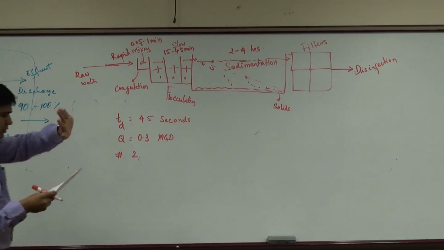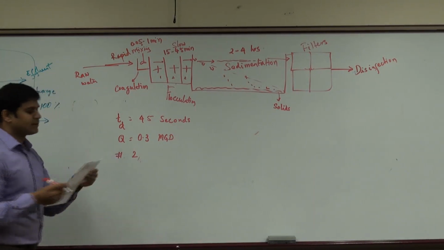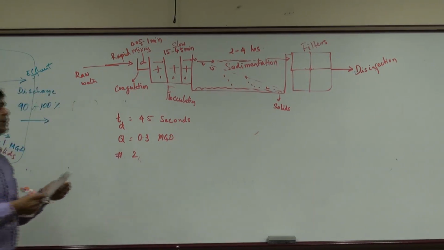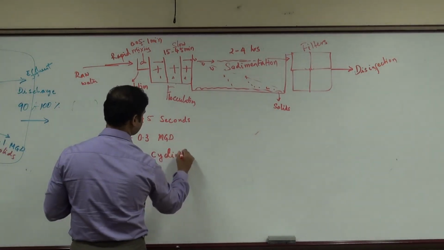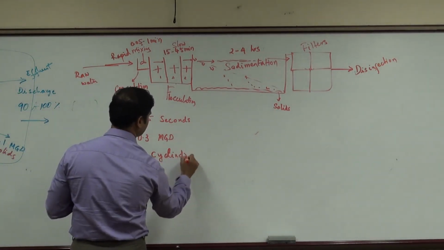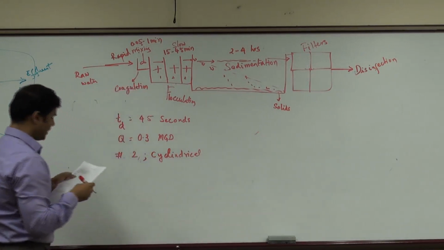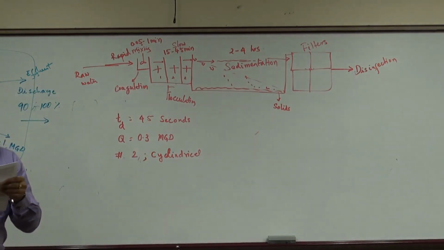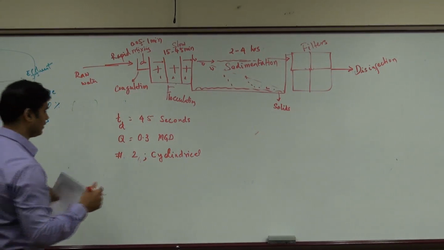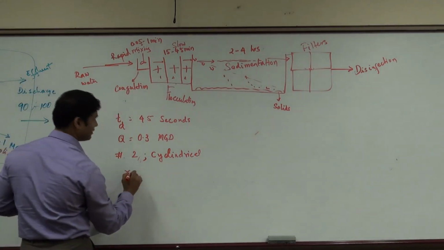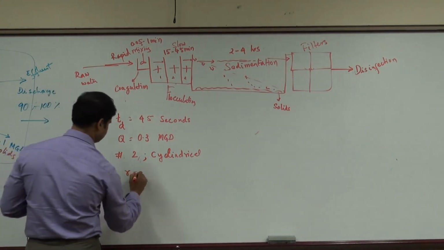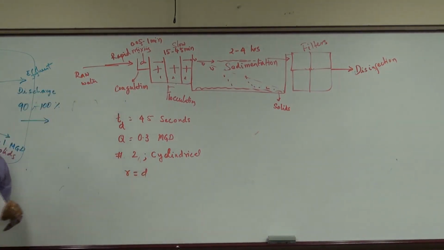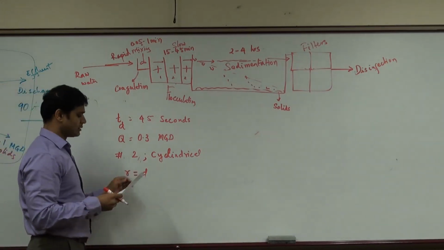All right, just hold on. And if the tanks are cylindrical, you are given tanks are cylindrical. Number two, two tanks, and they are cylindrical, with a liquid depth equal to radius. All right, so radius, we don't use radius anymore, so I'm surprised by this problem.